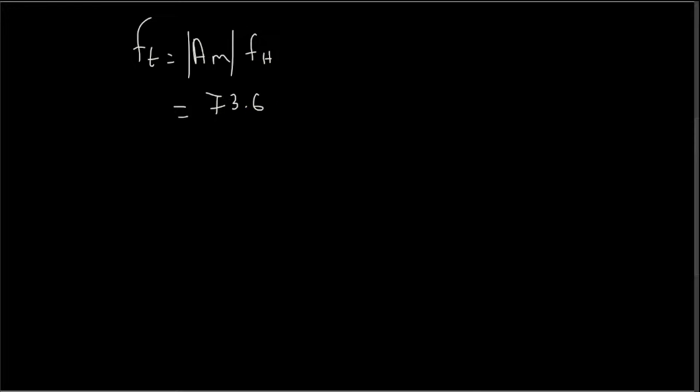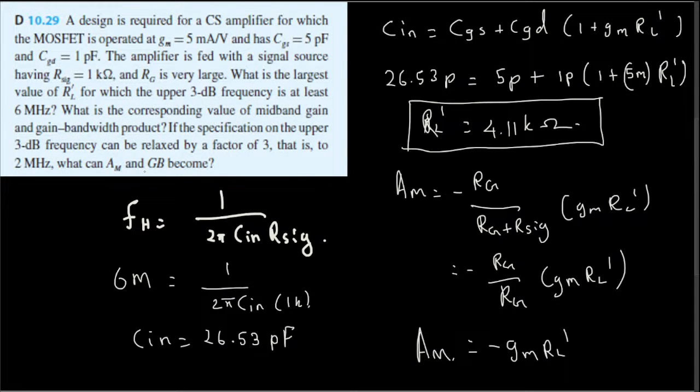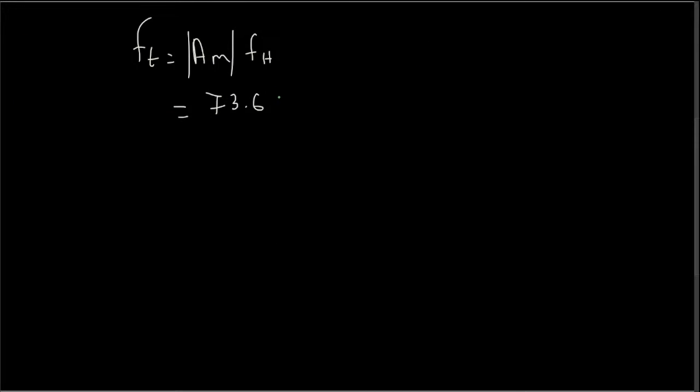And fh is different right now. Previously we had 6 megahertz, now they are saying 2 megahertz, so that's the one we plug in. Here this one is 2 megahertz, and if you plug it in, you will end up getting 147.2 megahertz as the bandwidth.